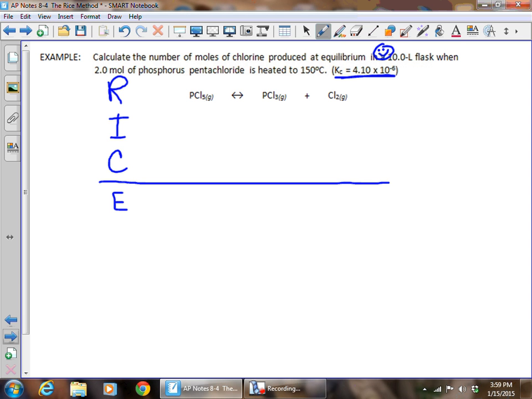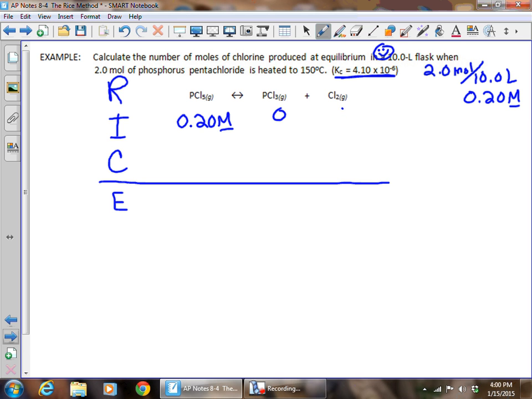We know our reaction. Our initial concentration we're going to have to calculate because it gave it to us in moles. If we've got 2.0 moles and we had it in a 10.0 liter flask, that gives us 0.20 molar PCl5 to start this reaction. So that's our beginning concentration, 0.20 molar.